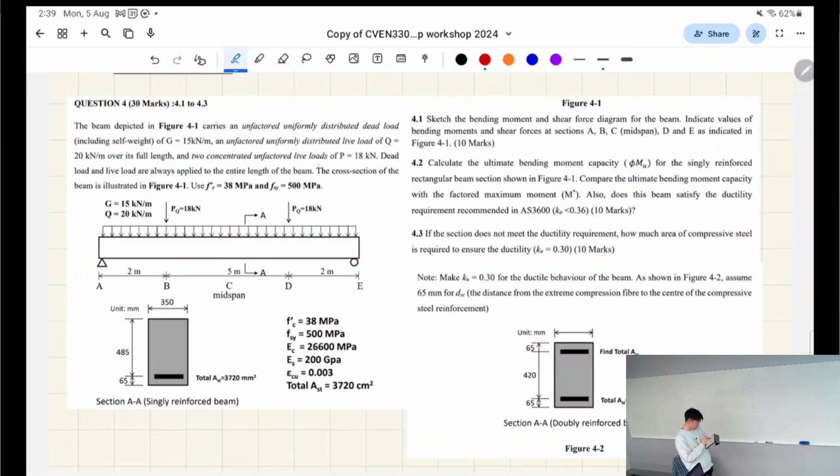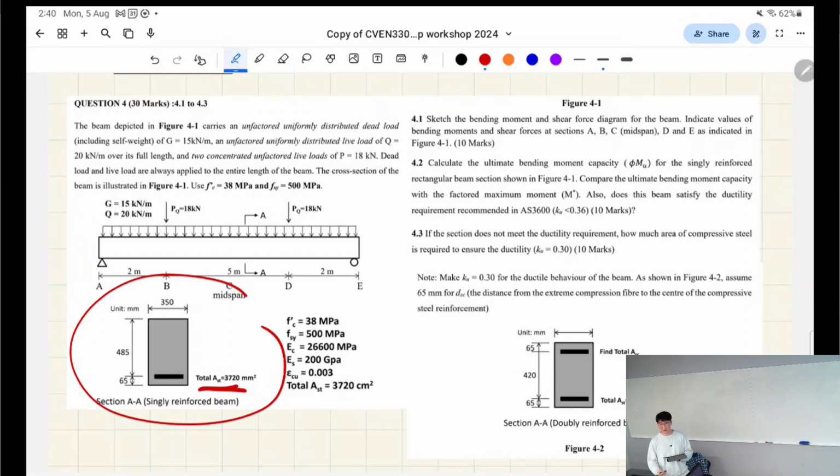So what other information is important? It also tells you this is the cross section, and in this type of question, the tensile steel is known, right? So you won't need to design how much steel is going to be inside. You just need to use all those techniques I was outlining earlier to find the ultimate moment and stuff like that, right?